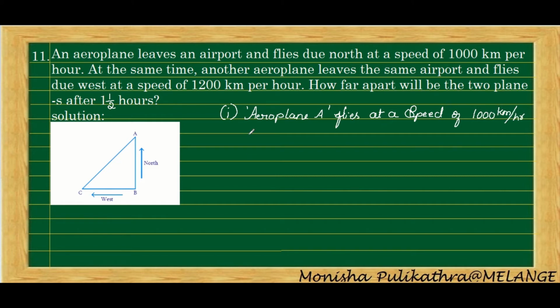So after 1.5 hours, it will become 1000 into, so 1.5 is a mixed fraction, we will make it a proper fraction. So 2 ones are 2 plus 1 is 3, so it will be 3 by 2 hours. So 3 by 2.